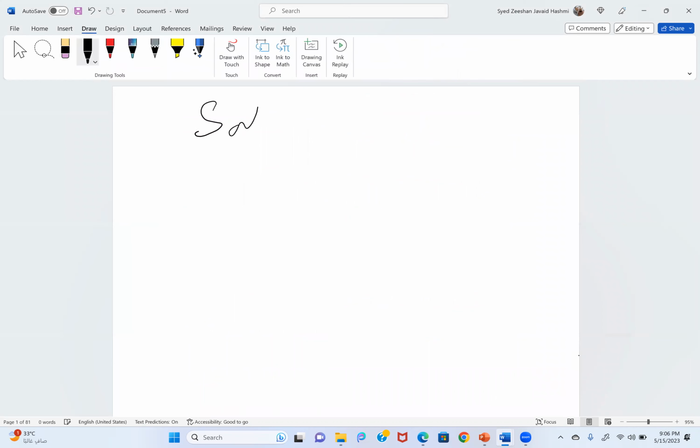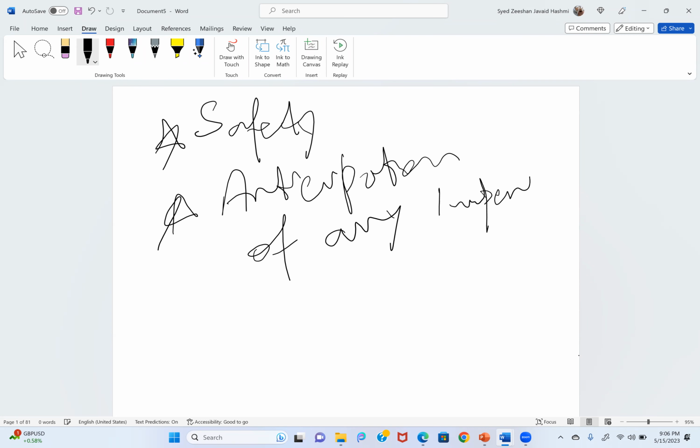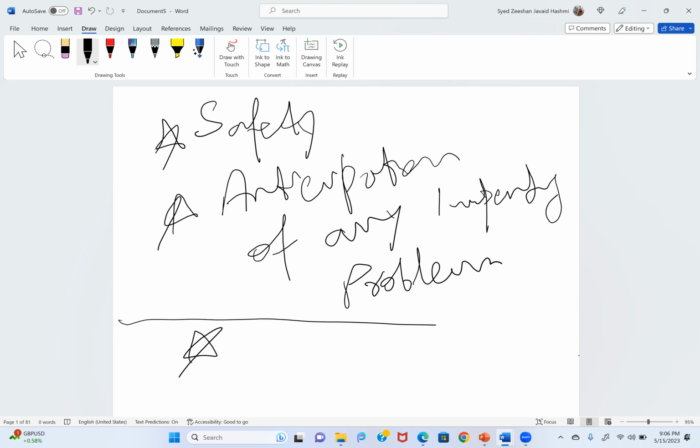For a rapid response and action for any deterioration. Very good. Like anticipation of any impending problem, anticipating that something wrong will happen. These are the basic aspects which are covered by the anesthetist.